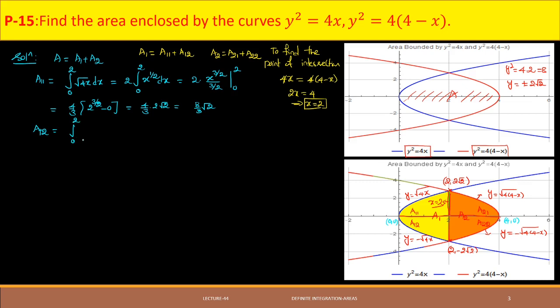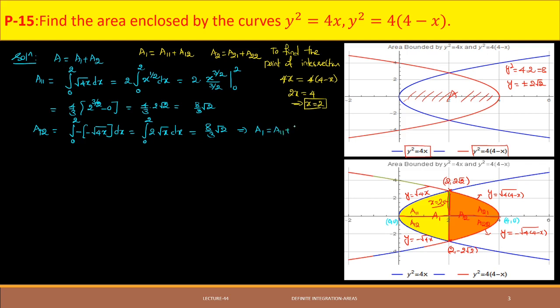Since it is below the x-axis, we have to add a minus sign here, minus root of 4x dx, that is the integral 0 to 2 of 2 into root x dx. Just now we found that this is equal to 8 by 3 into root 2. So this implies A1 is equal to A11 plus A12.